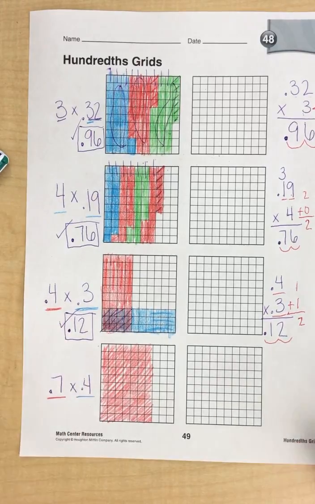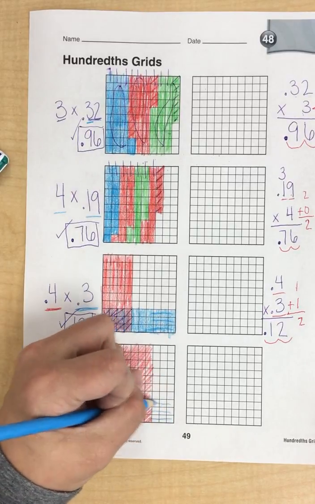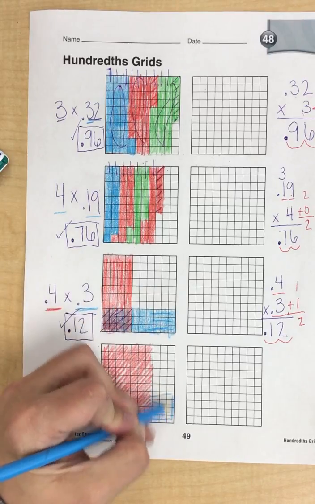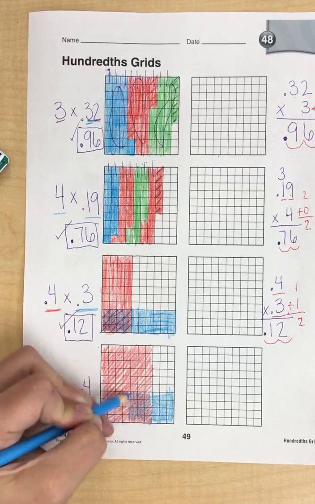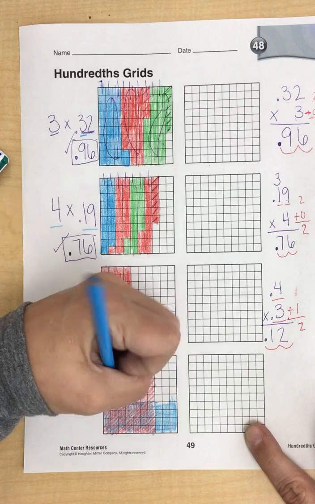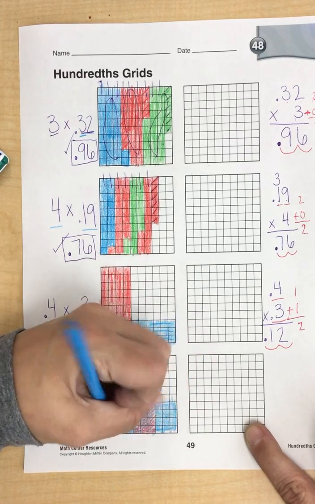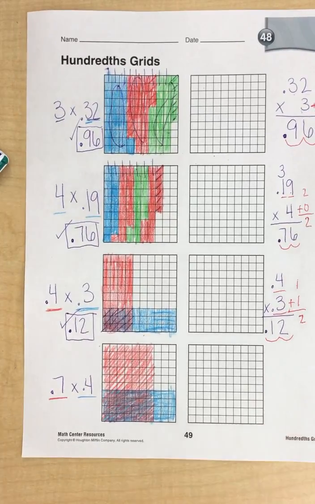Okay, my second number tells me how many rows going side to side. So I have 4/10, so I need to shade in 1, 2, 3, 4 rows side to side. Okay, so now I'm going to take my darker color and put a mark in every hundredth that is overlapping and shaded with both colors.